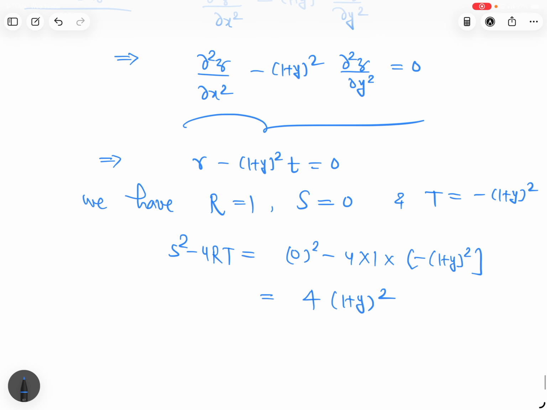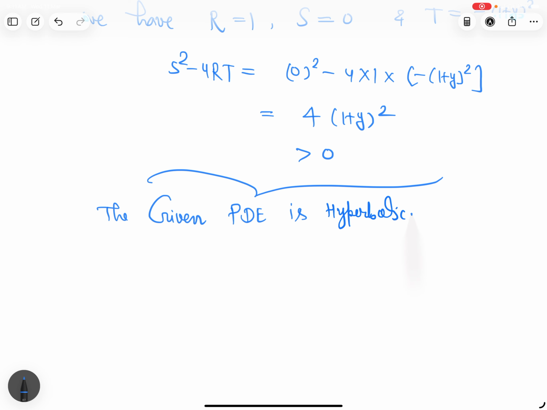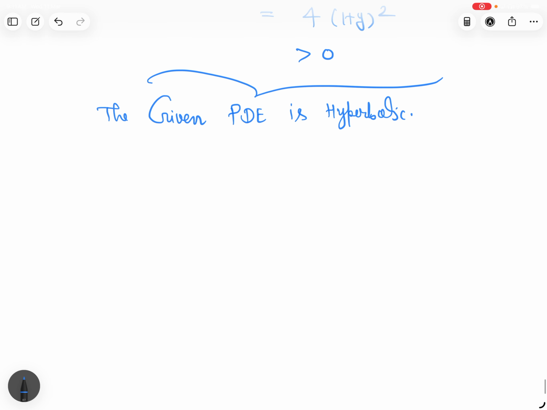If y is not equal to minus 1, this part is going to be greater than 0. So what does it mean? The given PDE is hyperbolic. Now we know that this PDE is hyperbolic.